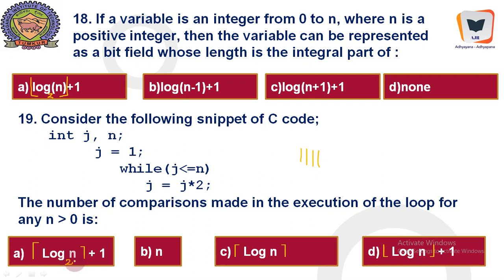Here n chosen is 8, therefore 2 to the power of 3 is 8, and ceiling of 3 is 3 only, because ceiling of a real number is the smallest integer greater than this real number.